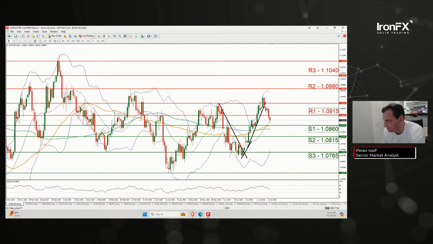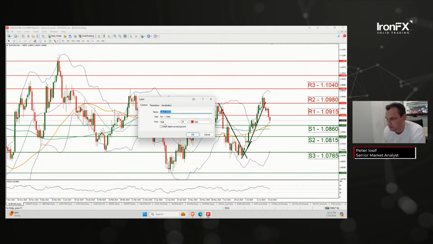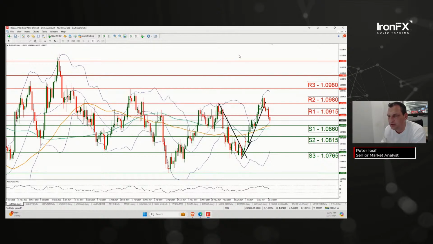Note how the pair has been falling since yesterday. There was a small correction on Monday after the drop on Thursday and Friday, but it was nothing substantial. So practically the bearish movement of the pair can also be characterized by the downward trend line.